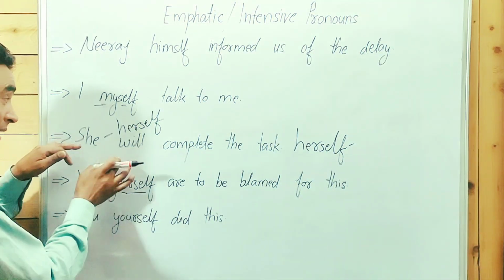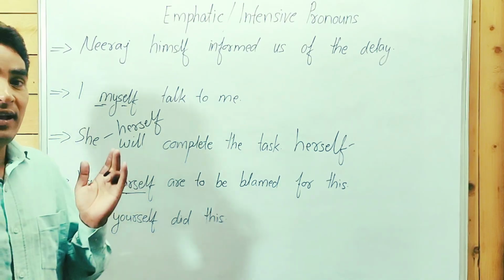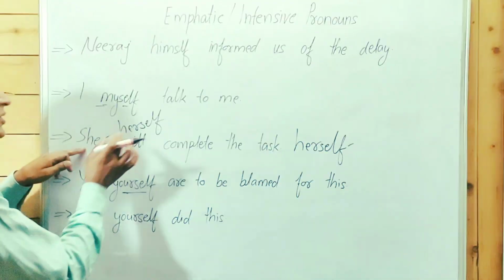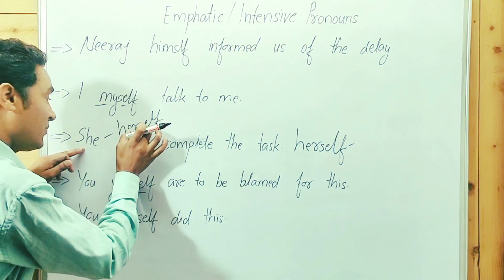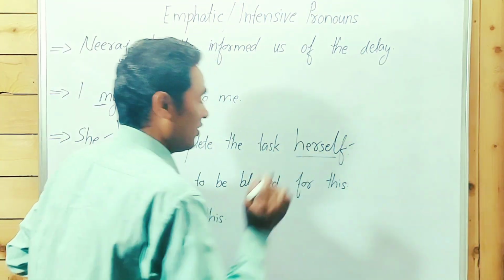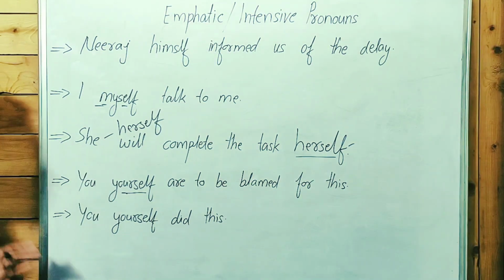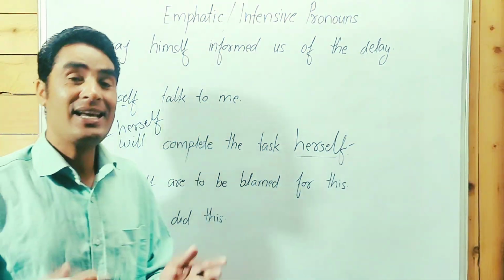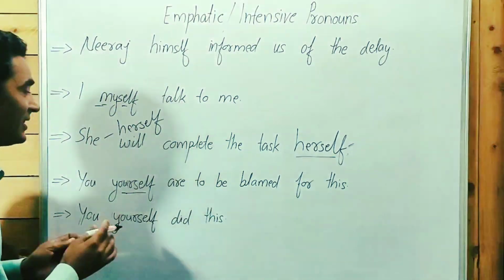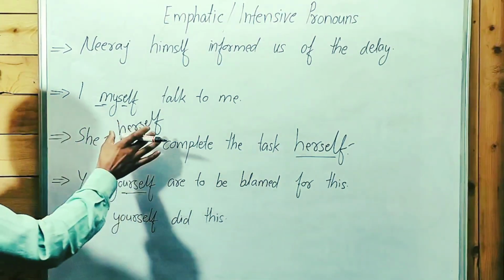There are three ways to write this sentence. If you want to emphasize a noun, you can use a self pronoun, an emphatic pronoun, after the subject or at the end of the sentence. And if you want to write a normal statement, you don't use a self pronoun.